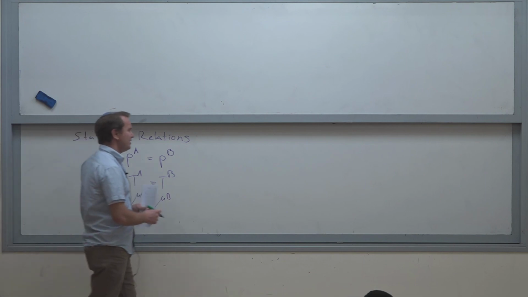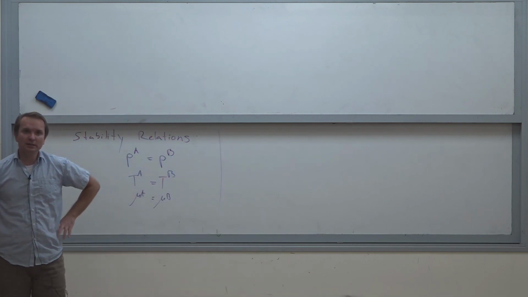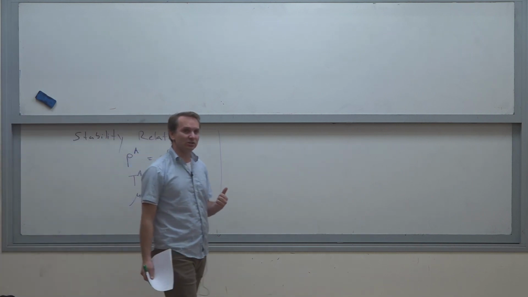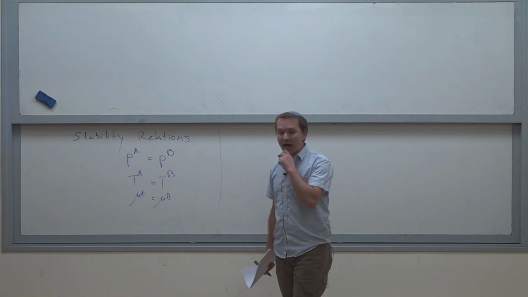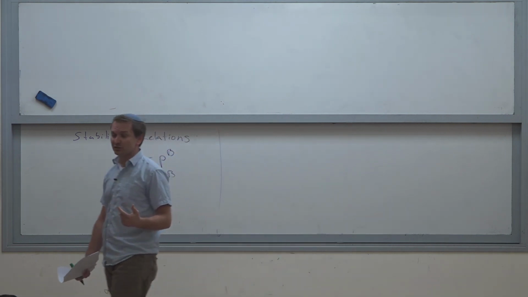Now, how did we obtain these relations? What we have done is we expanded the energy up to a first derivative. So it's a first order expansion of the energy.